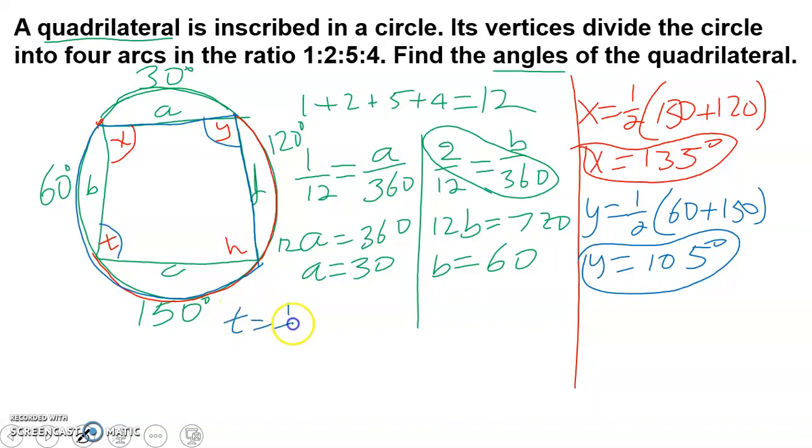T is going to be 1/2 of 30 plus 120, and that is 75.